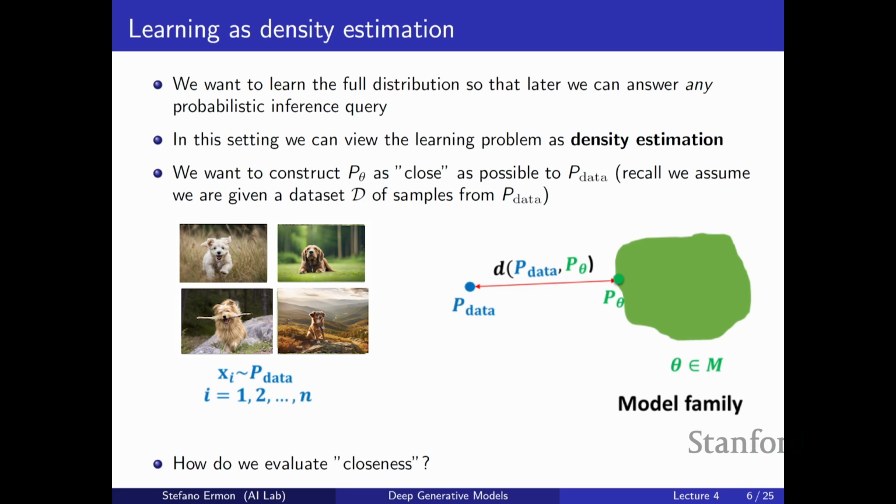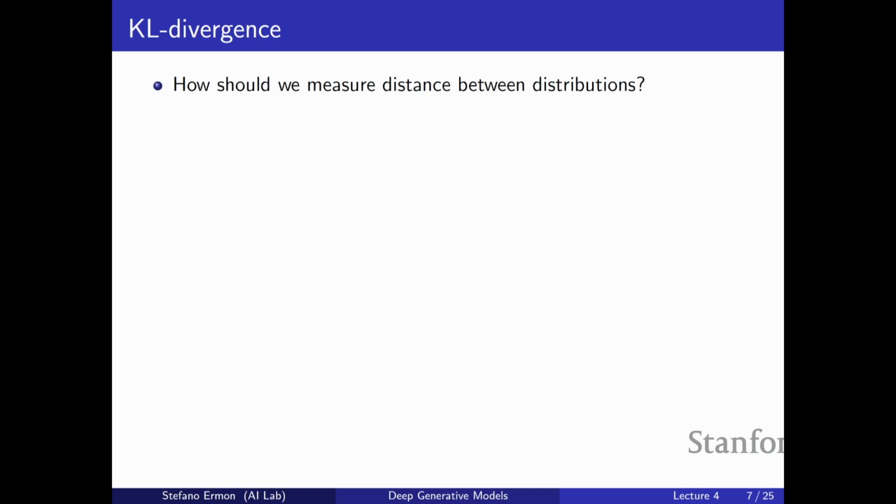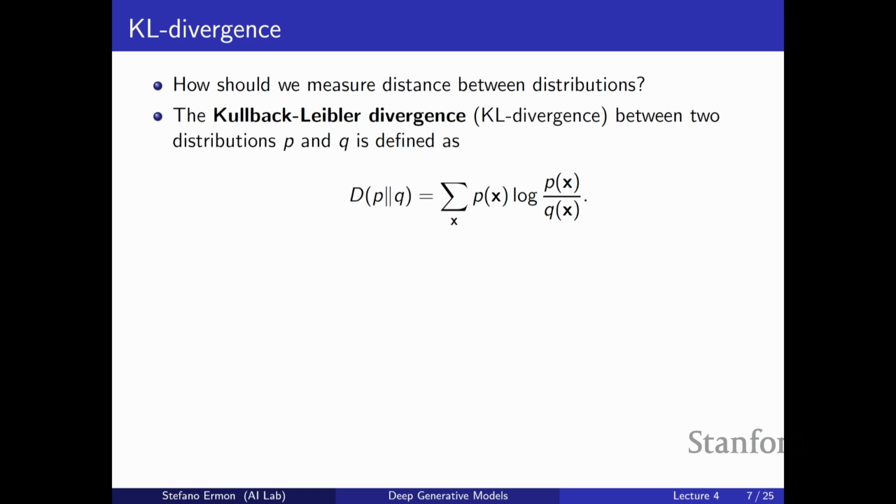For autoregressive models, a natural way to build a notion of similarity is to use the likelihood, because we have access to it. And so we can use a notion of similarity that is known as the KL divergence, which is defined like this. The KL divergence between distributions P and Q is basically an expectation with respect to all the possible things that can happen.